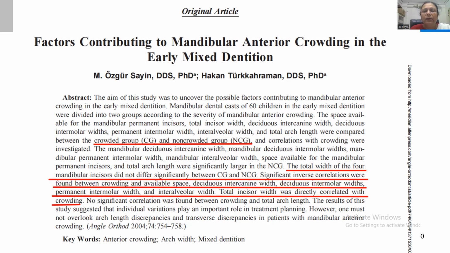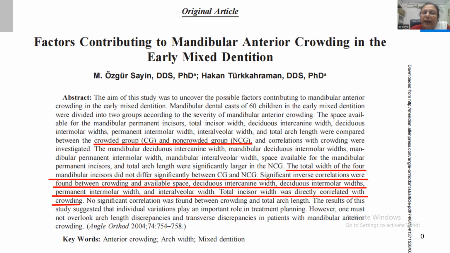The result is the total width of the 4 mandibular incisors did not differ significantly between the crowded group and the non-crowded group. So a little different opinion. A significant inverse correlation was found between crowding and available space. That means available space and crowding. If the available space is less, there will always be crowding.